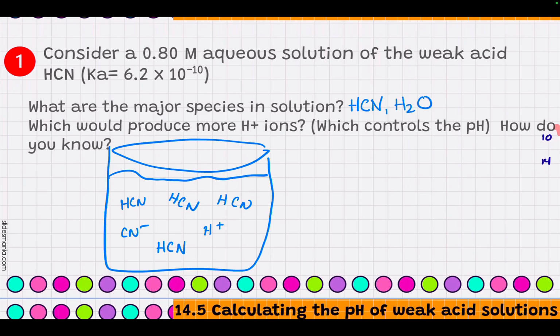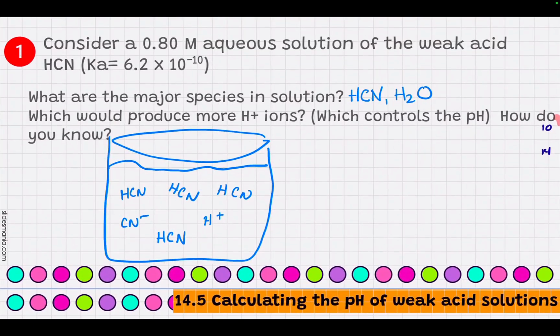And then who's producing the hydrogen ions, or what is controlling the pH here? I would want to think about HCN as one of the sources of hydrogen ions, and autoionization of water is the other source.